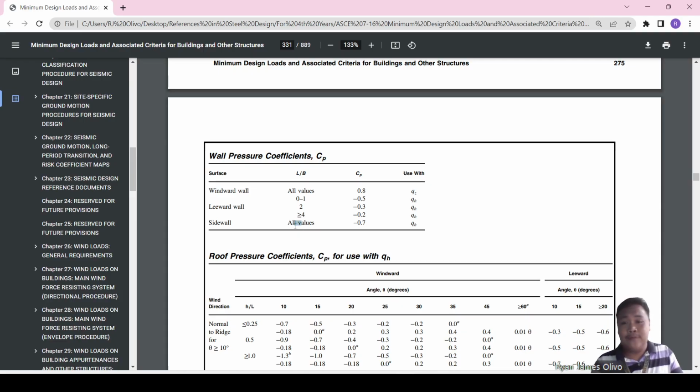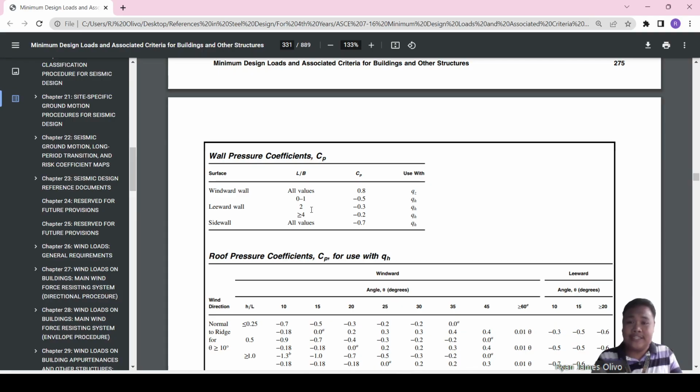For side walls, it is negative 0.7. Don't bother about the negative 0.7 and 0.8 because they are fixed for all values. What if my L over B is not within this range? Just interpolate. If my value is 1.5, you just interpolate, meaning the value for an L over B ratio of 1.5 is between negative 0.5 and negative 0.3.